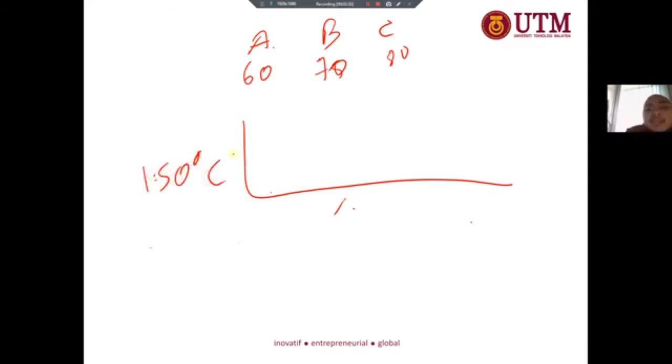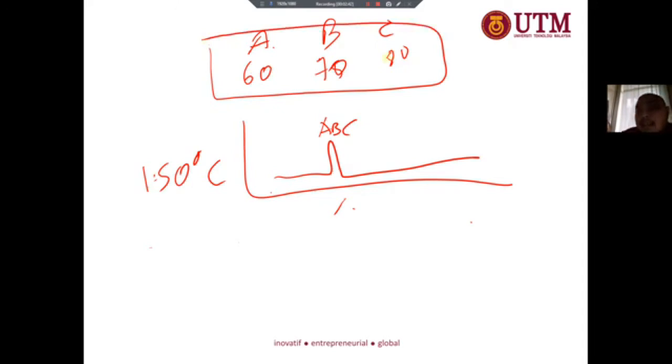If you use that, maybe your peaks will appear as a single peak. You don't want the temperature to be too different compared to these analytes. If it is too different, the temperature pushes your analytes together and no separation will occur.